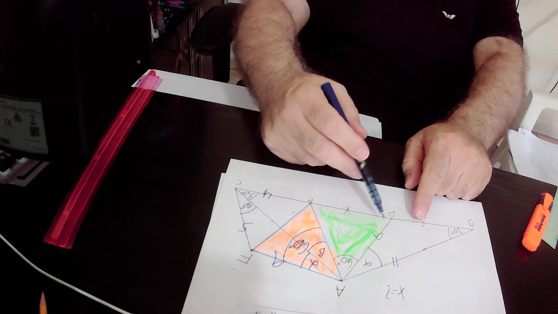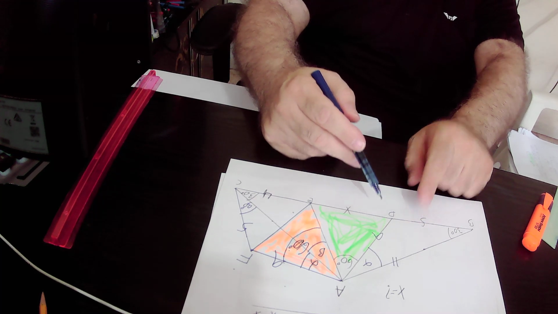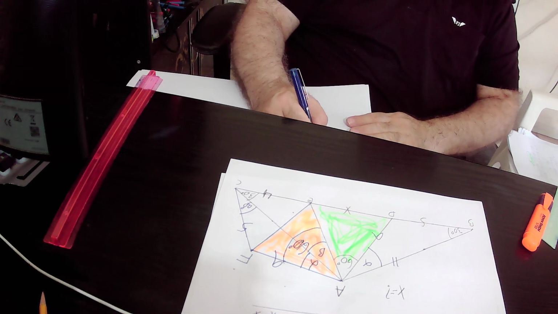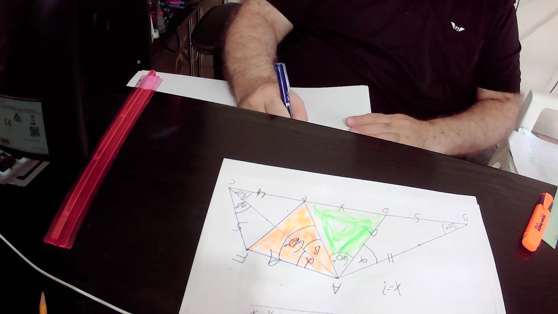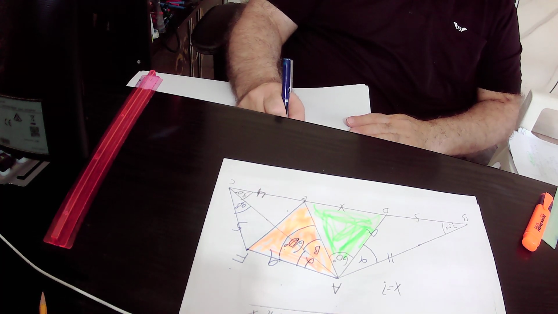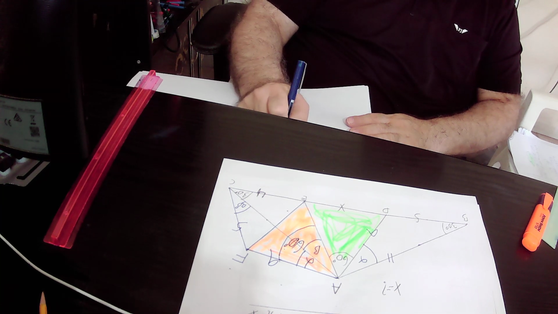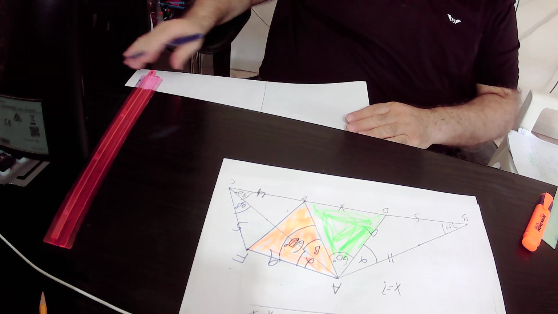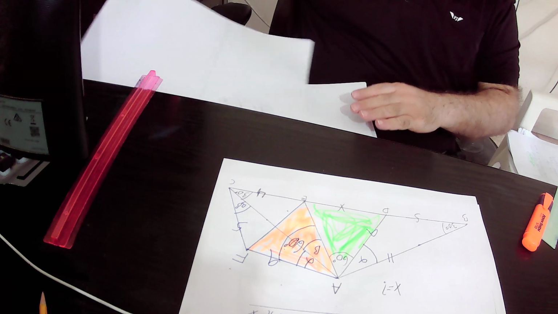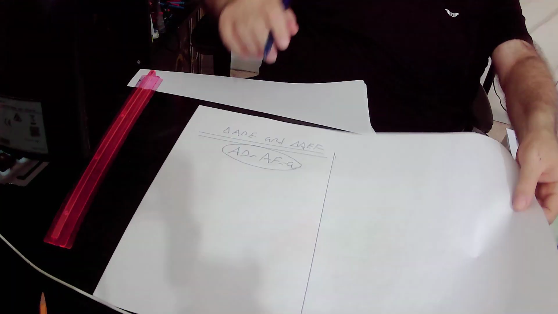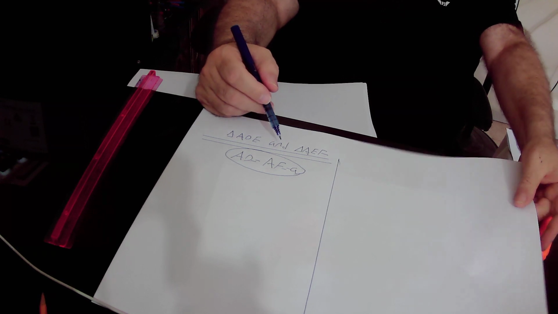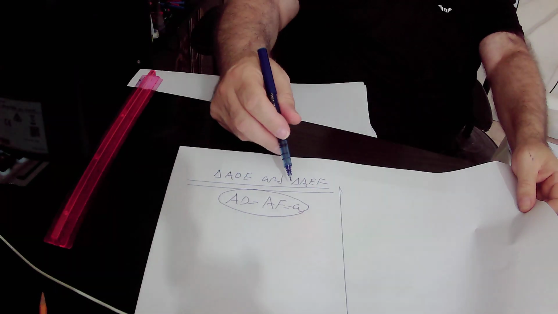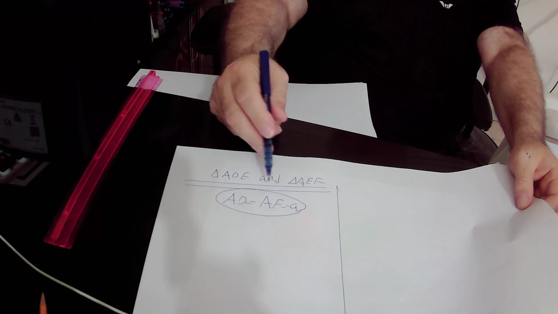So side AD in the green triangle is equal to side AF in the orange triangle. Both sides are equal to A, therefore they are equal to each other. I'll repeat again. We have already found out that side AD in the green triangle is equal to side AF in the orange triangle.